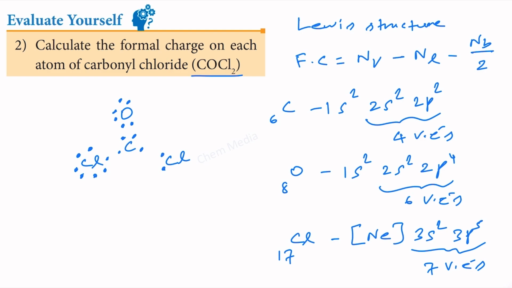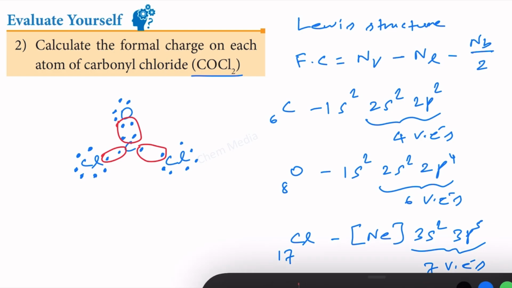1, 2, 3, 4, 5, 6, 7. This makes 1 bond pair. We can make 2 bond pairs with these 4 electrons, and we can make 1 bond with these 2 electrons.